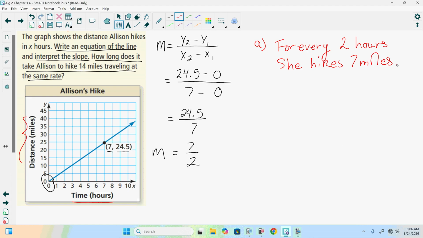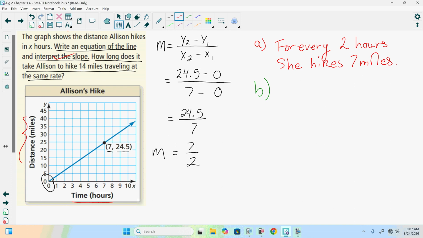It takes her 2 hours to hike 7 miles. She hikes 7 miles every 2 hours. She hikes 3.5 miles per hour. Any way that we describe it, as long as we're saying the same thing, that's all that matters. So we've interpreted the slope, we're good there.